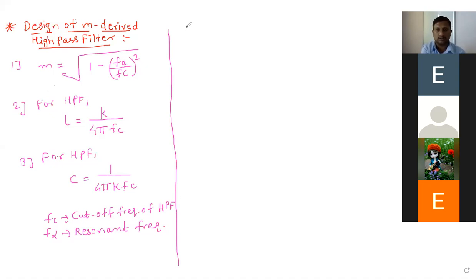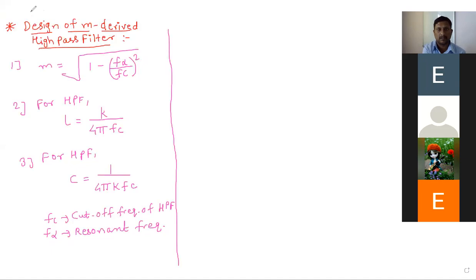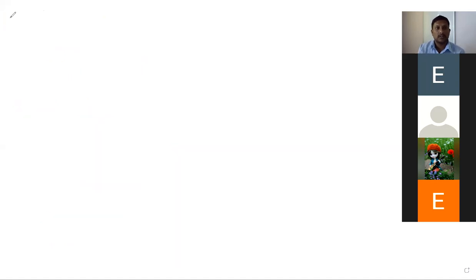Okay, so first question we can start. So design of M derived high pass filter.